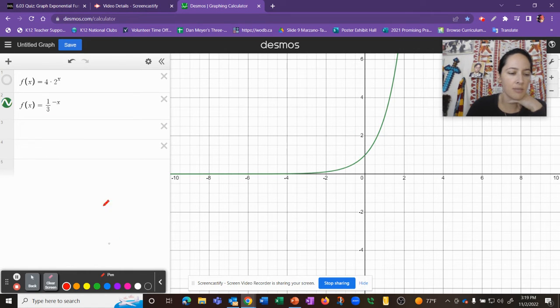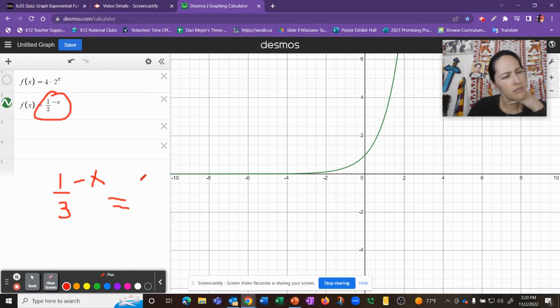Okay, so in class I talked about this. This is a case of understanding laws of exponents. This can be rewritten. We can rewrite that as 1 to the negative x over 3 to the negative x.